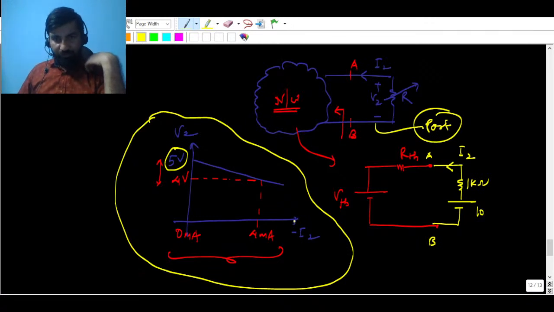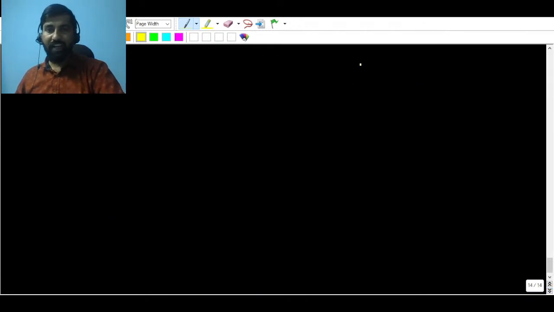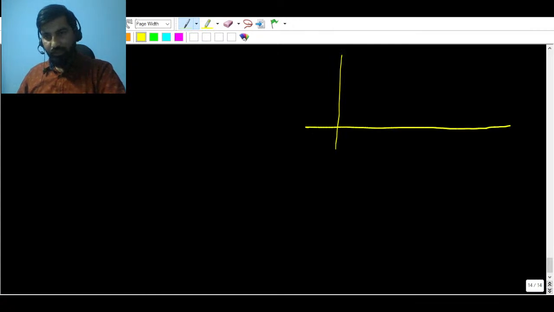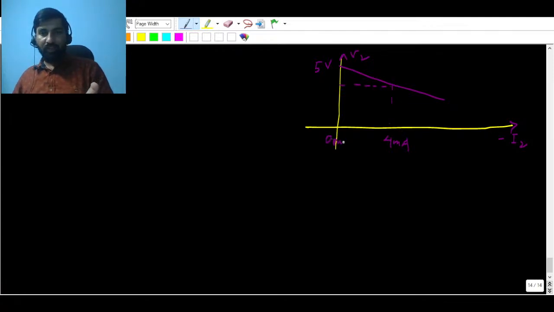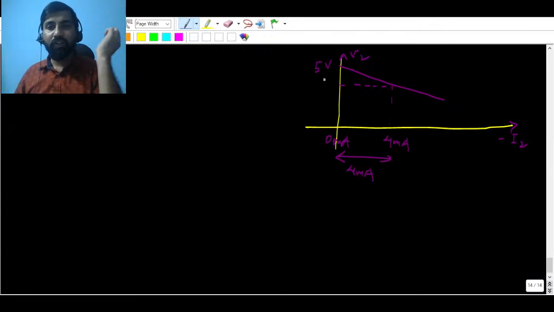So on this x-axis, the horizontal line, after all this is a linear relation. They have given a linear plot. Let me draw it here. This is 5 volt, this is minus I2, and this is 4 milliampere, and the change in voltage, if there is a change of 4 milliampere from 0 milliampere, is 4 volt, right?